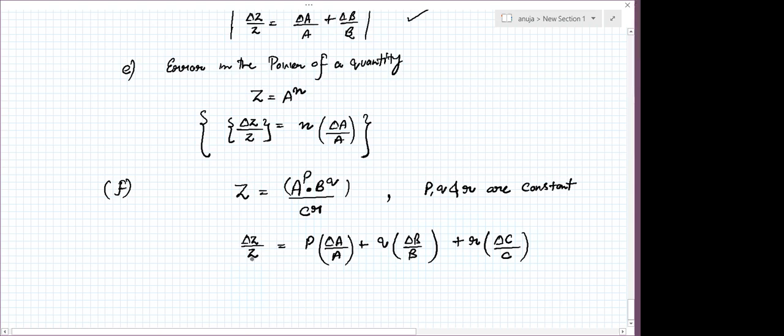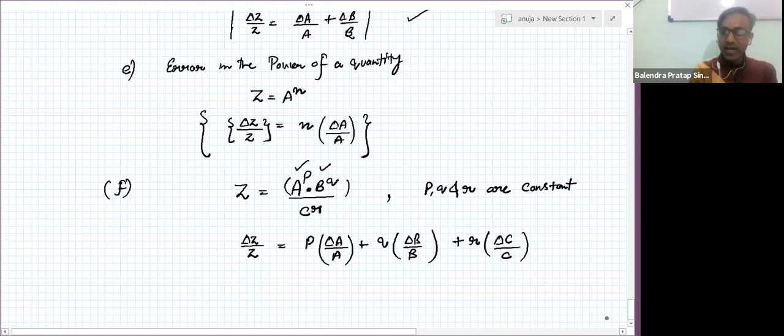This is a kind of master formula. Here multiplication and quotient and power, all three, are in the combined form. So this is basically relative error. In each and every formula you can convert it into percentage error by multiplying with 100.